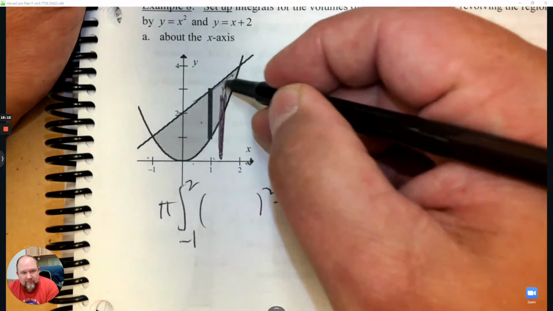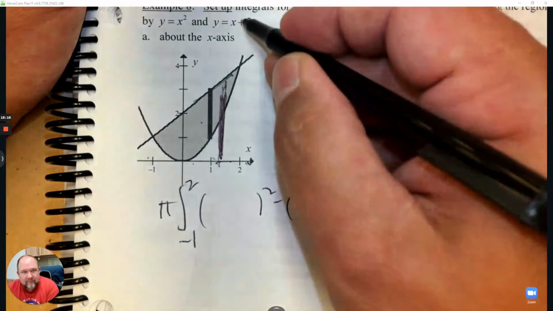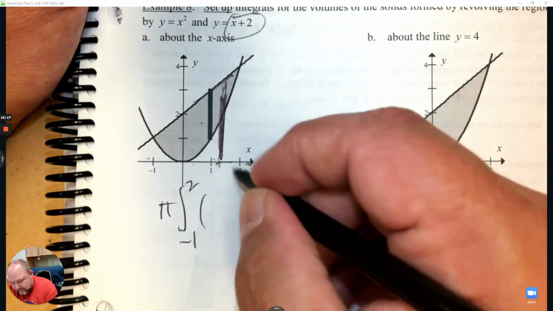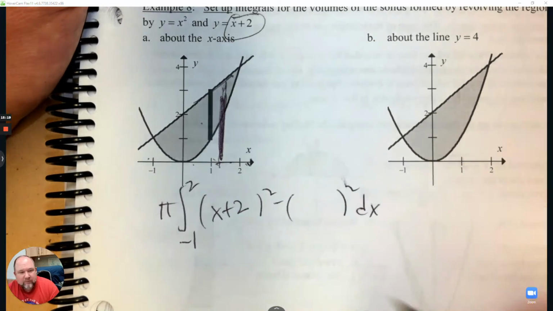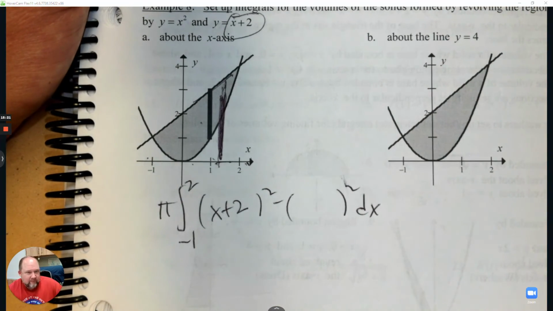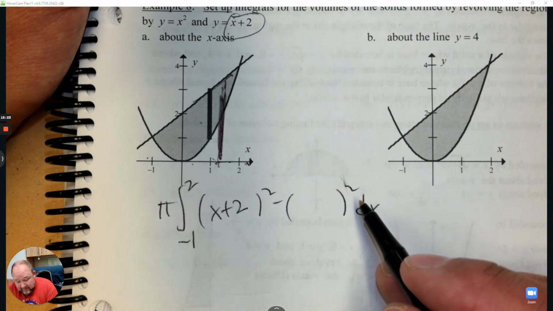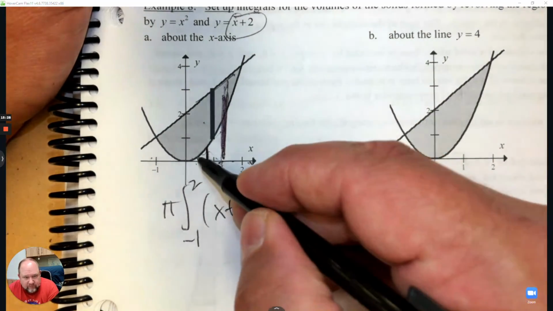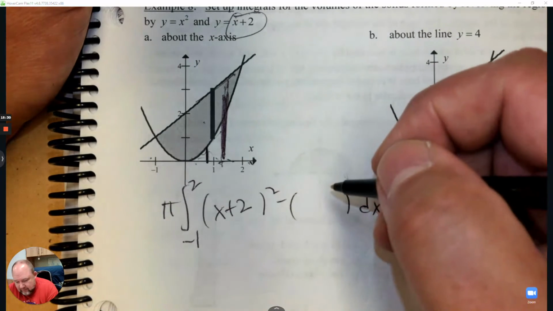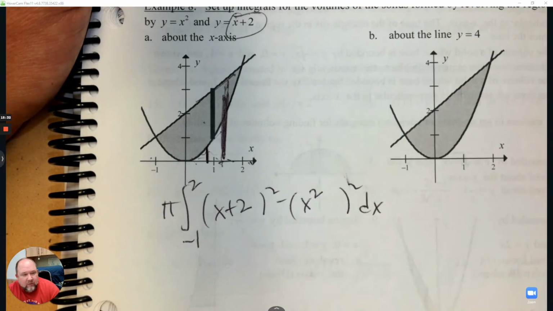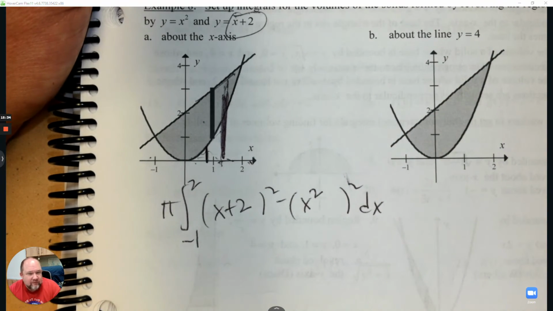So top, subtract bottom. The top is the line, x plus 2, and the bottom is 0. So it's just x plus 2, take away 0. And then the small radius is the curve, subtract 0. So this parabola is x squared, subtract 0, or just that. And that's the setup to find the volume.